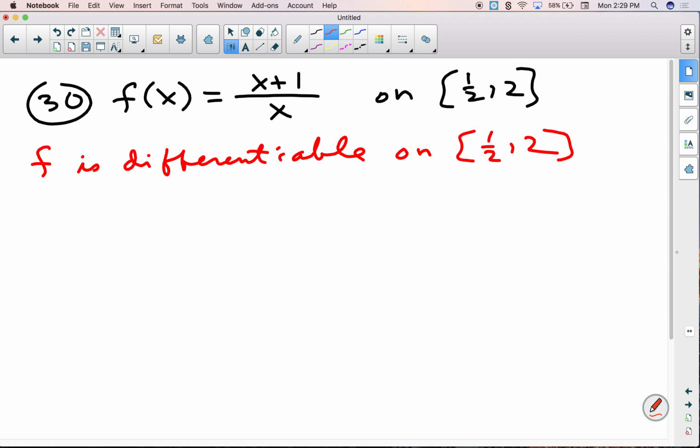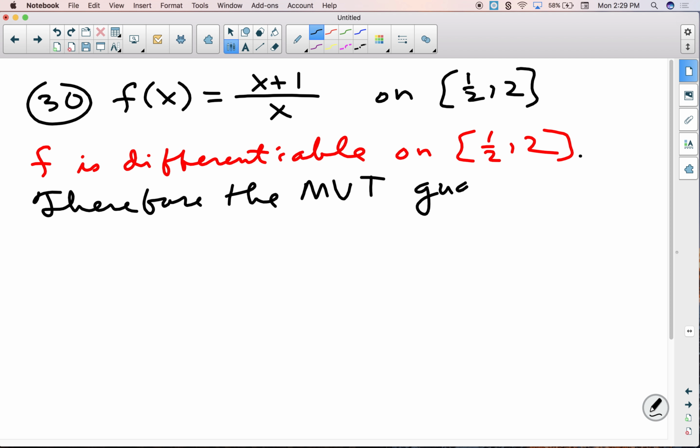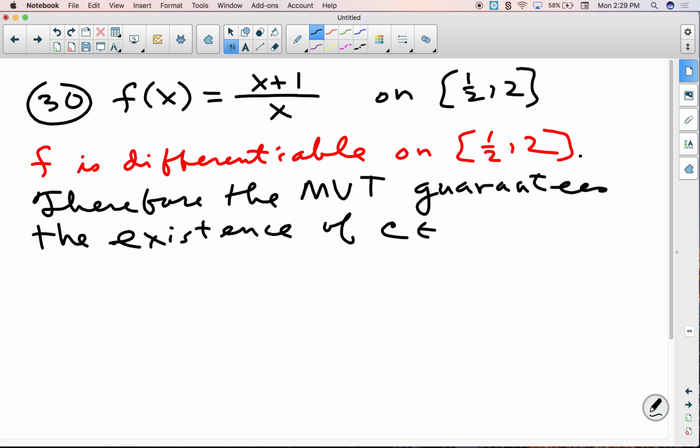Okay, so now, in applying the MVT, therefore, the mean value theorem guarantees the existence of c in that open interval such that f prime of c is equal to the average rate of change over that closed interval: f of b minus f of a over b minus a.